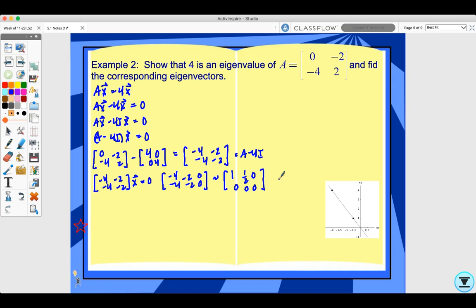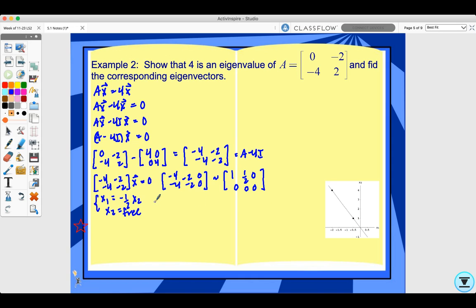So here I have x1 equals negative 1/2 x2, and then x2 is free. Now I need to take x1 plus 1/2 x2 equals 0 and write that as a vector equation and solve it.